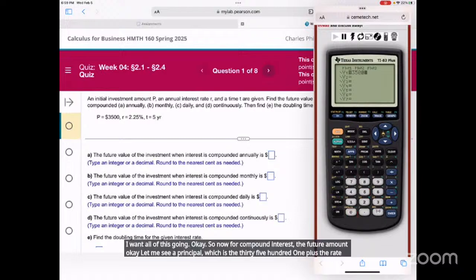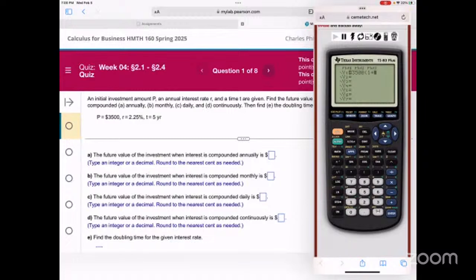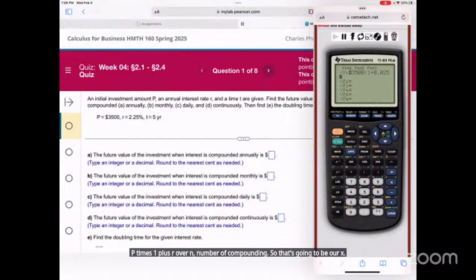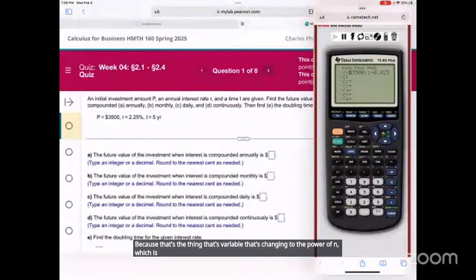That 2.5% we have to do as a decimal, so that's 0.025. P times 1 plus R over N, the number of compoundings, that's going to be our X, because that's the variable thing, to the power of N, which is our X again, times T, which is 5 years. So times 5, we just put it as 5X.